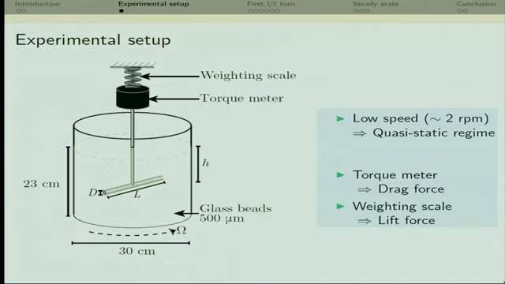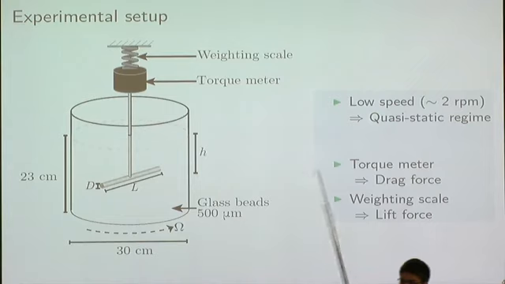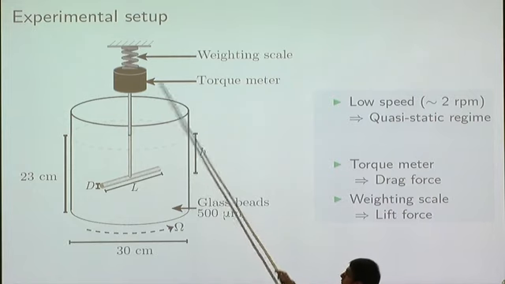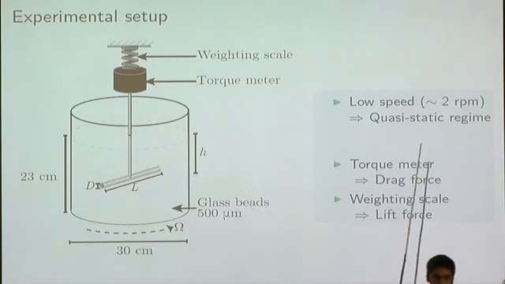So that's why, to better understand that, we made this experiment where we have a tank full of glass beads of 500 micrometers. The tank can rotate around its vertical axis, and we put in the middle a horizontal cylinder that is kept static, and we measure at the top the torque experienced by the cylinder when we rotate the granular bed, which gives us directly the drag force on the object.